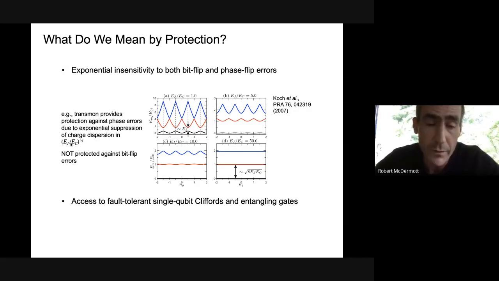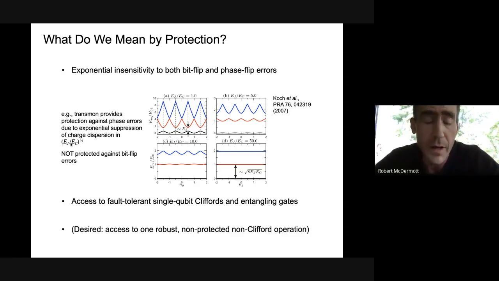Of course, for the qubit to be at all useful, you need to be able to do robust fault-tolerant logical operations. You need to have access to fault-tolerant single qubit Clifford gates and entangling gates. And so these are really the criteria for a fully protected qubit. Of course, it's essential to have access to a non-Clifford operation in order to achieve universal quantum computing.